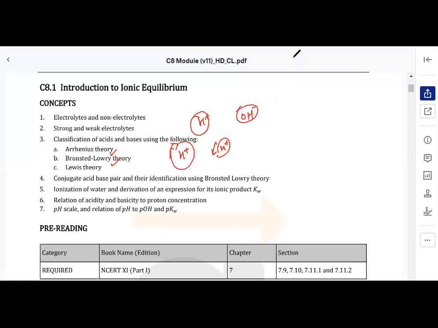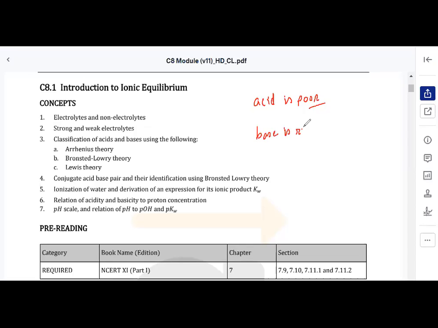Ultimately, you should remember that acid is poor and base is rich in terms of electrons. Now if acid is poor, it will try to accept electrons.